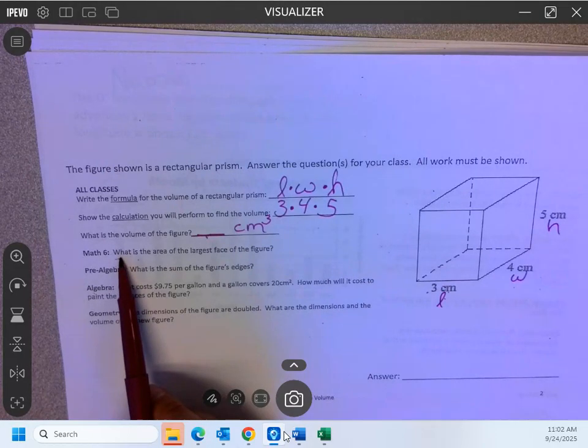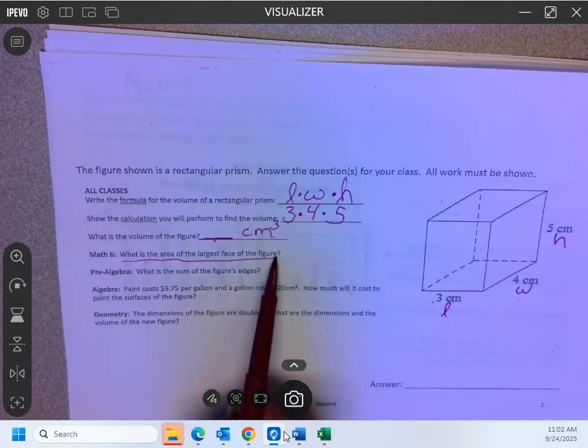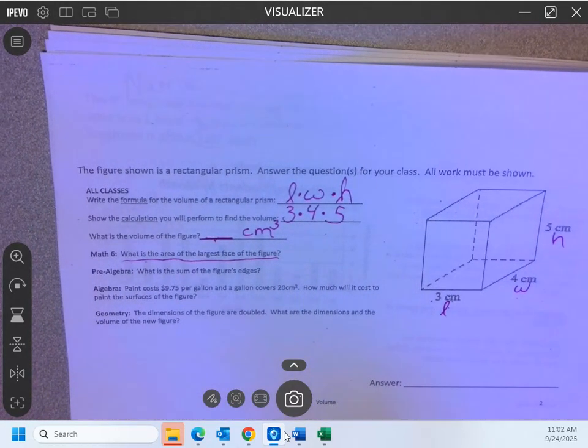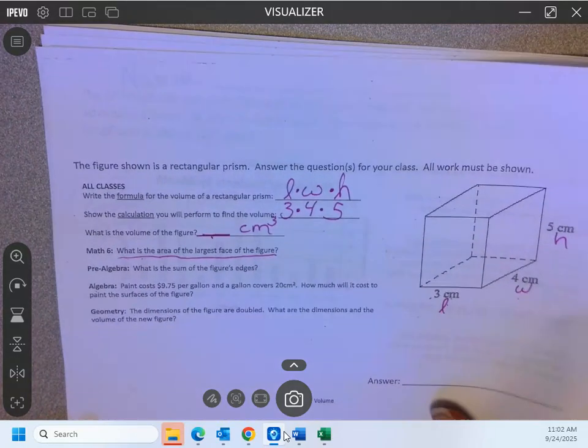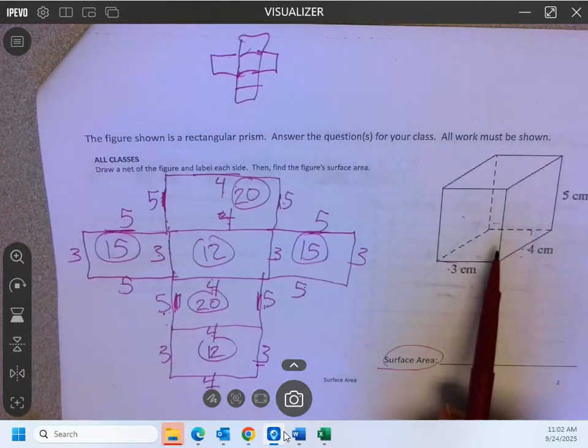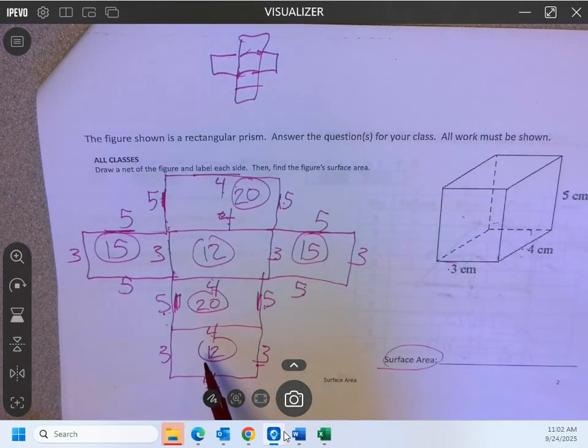Then it says, what is the area of the largest face of the figure? Well, here's the lucky part. This rectangular prism is the same as this rectangular prism. You've already figured out areas of all the sides.